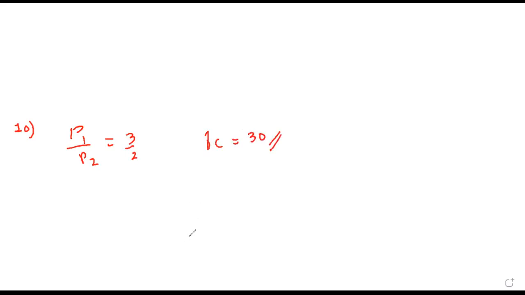Ratio of power is 3/2 and equivalent focus is 30. Find individual. I feel that you can do it. Power is reciprocal of focal length. So F2 upon F1 will become 3/2.